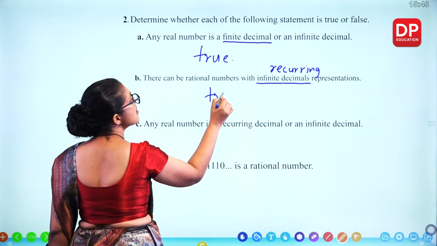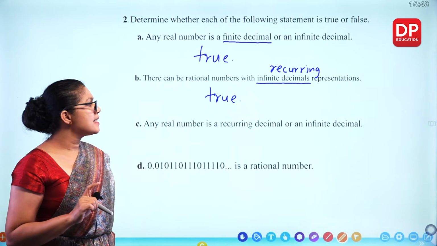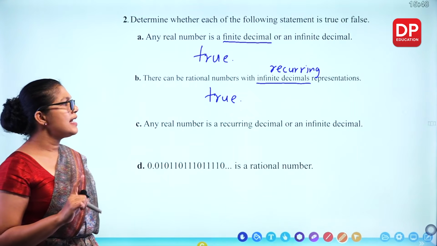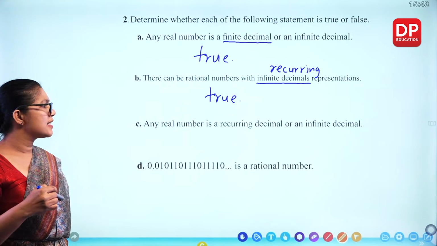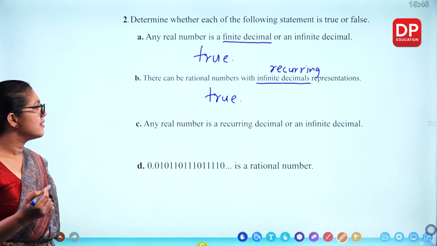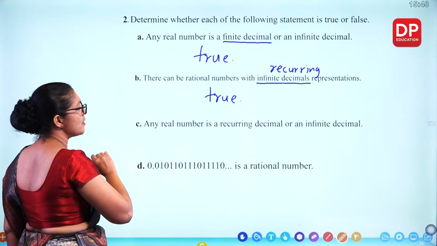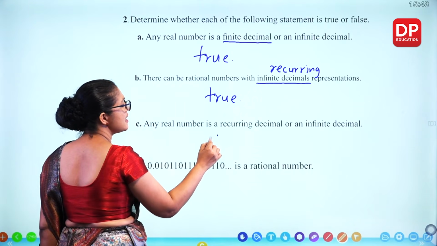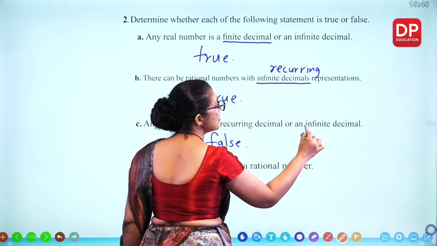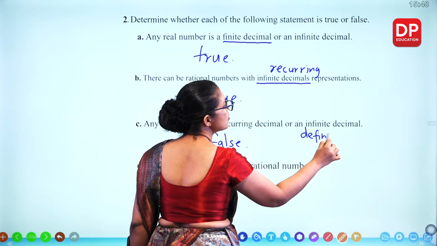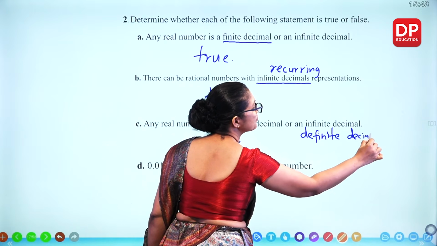So it's true. What about the next statement, that any real number is a recurring decimal or an infinite decimal? They are not talking about finite decimals, so because of that, this statement is false.